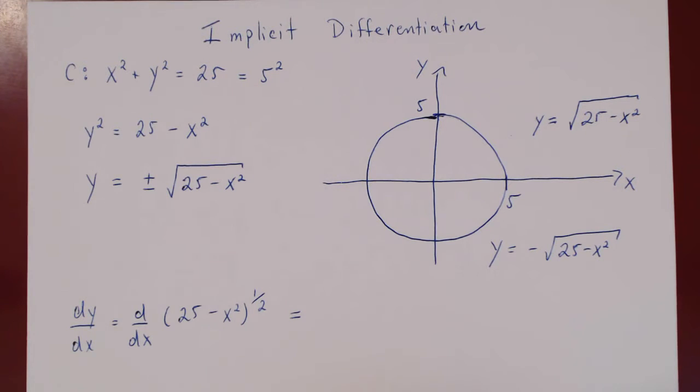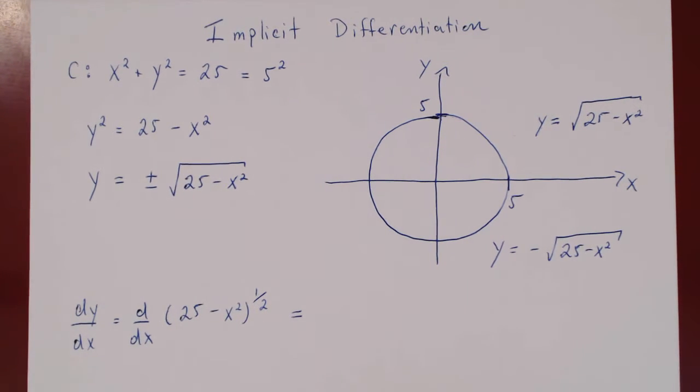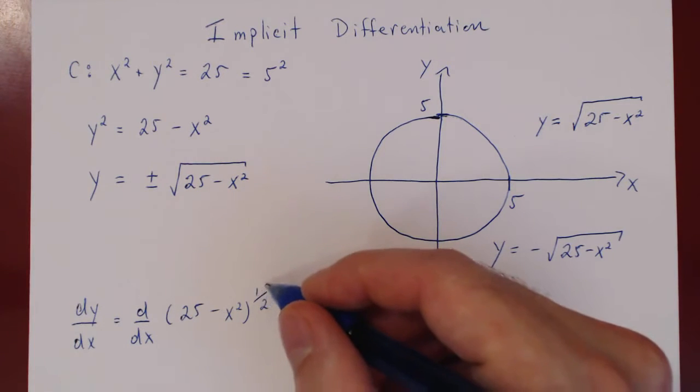So let's differentiate. Well, if I give you an x value, you will first square it, then do 25 minus that value, and then take the power of 1 over 2.